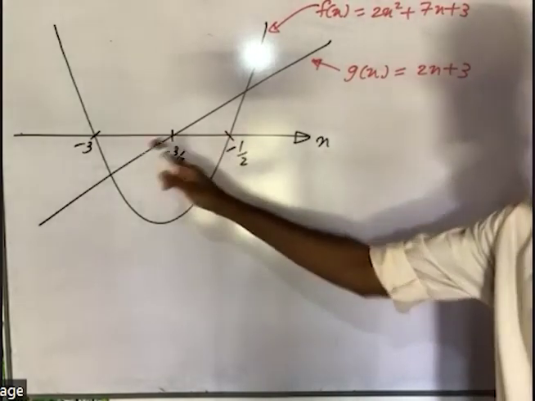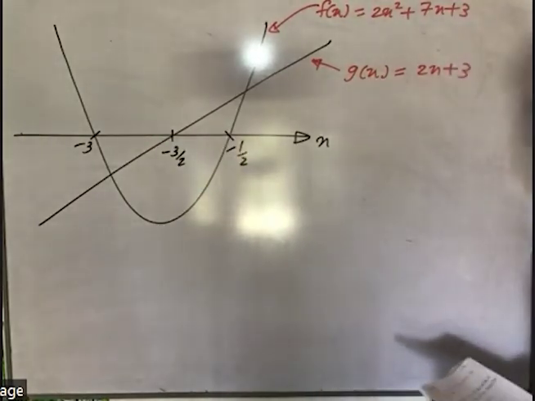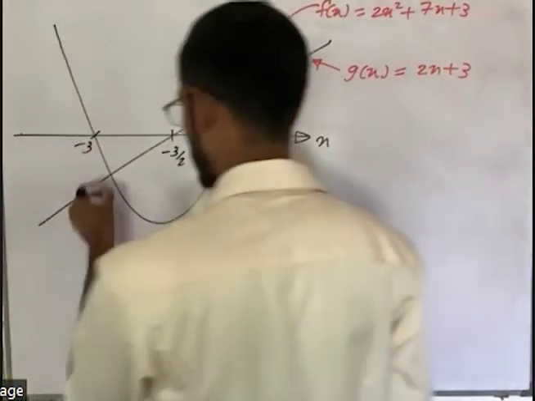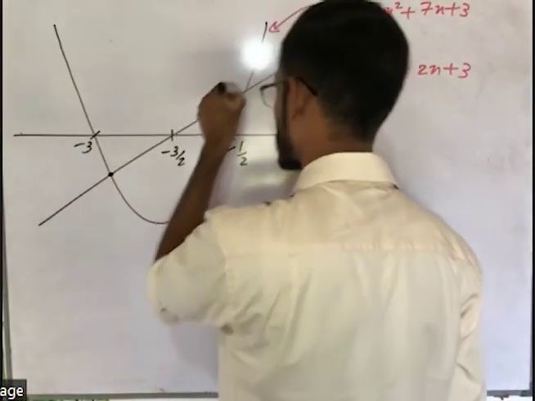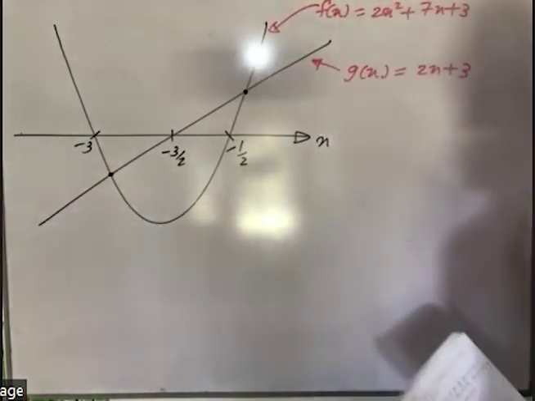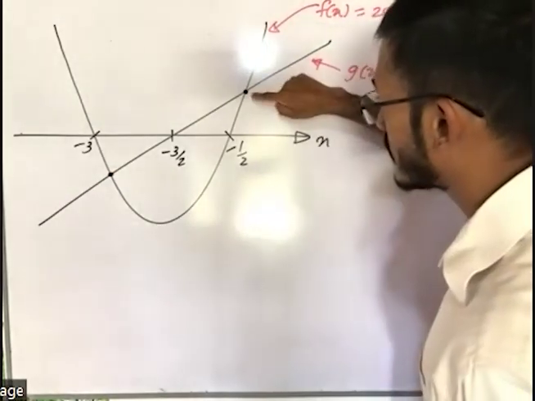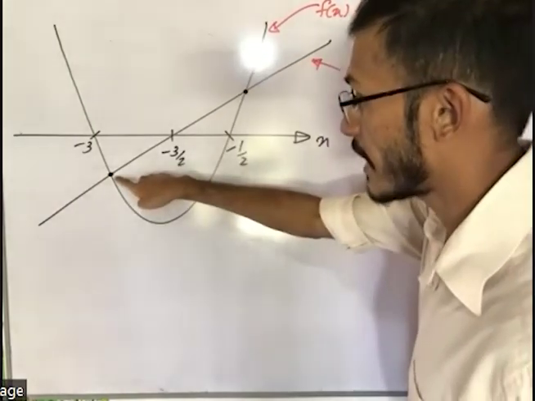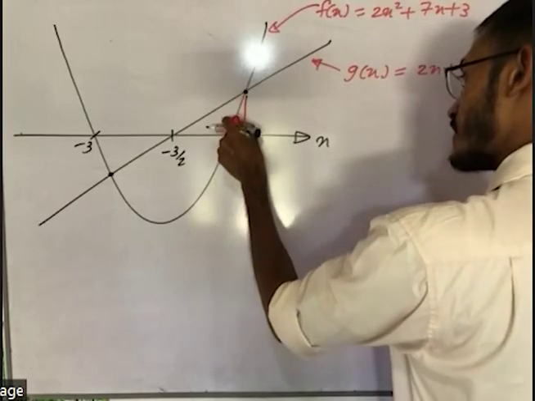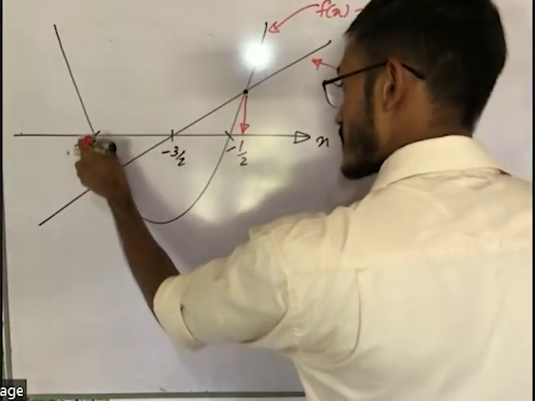So these are the intersection points that we found. Now, if you want to find the intersection points of these two functions, this is one intersection point of these two functions, and here also we have another intersection point. There are two intersection points. This is the first one. This is the second one.